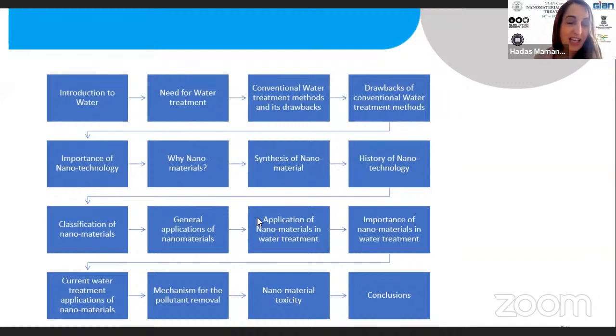Now, generally speaking, material engineers, material chemists, they know how to synthesize materials, everything perfect. Water engineers, environmental engineers, know how to look at the big picture.